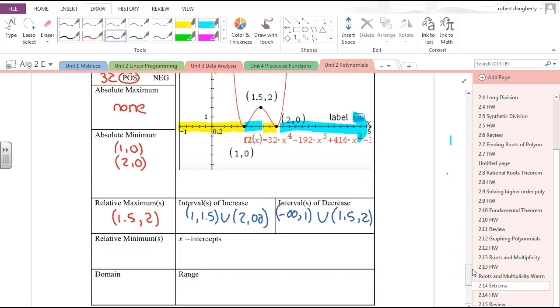So was there a relative minimum? No. What are the x-intercepts? 1, 0 and 2, 0. Okay? What's the domain of this function? Now, the range. Range, the only time you ever look at what? The y-axis.